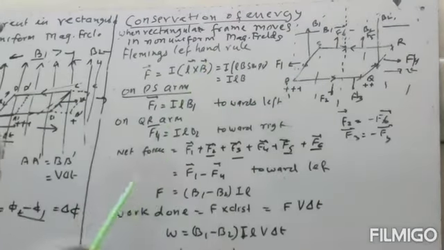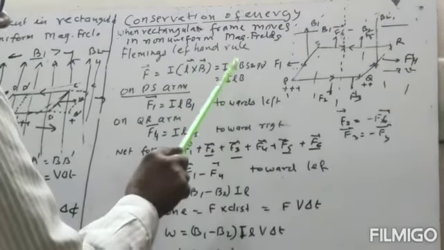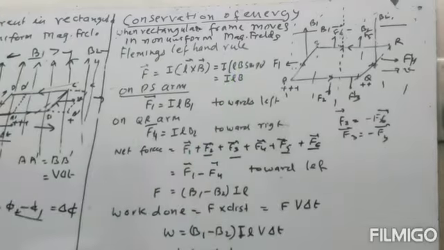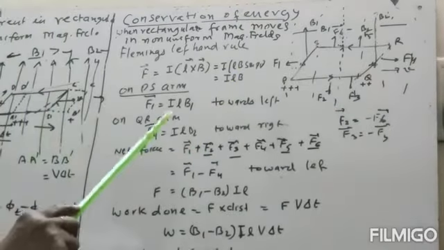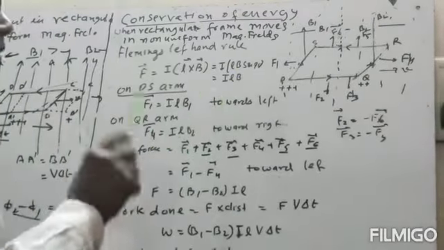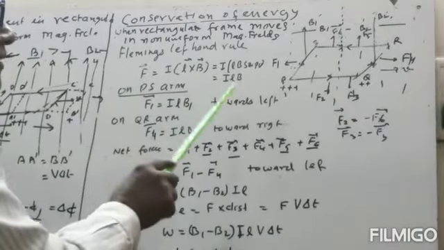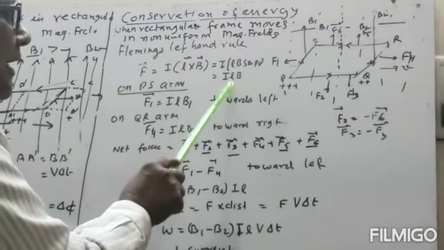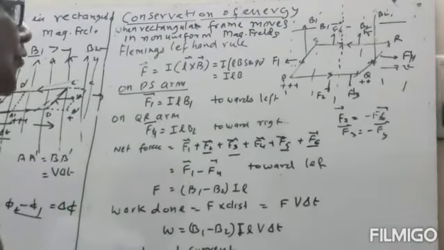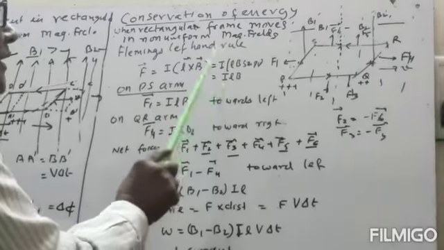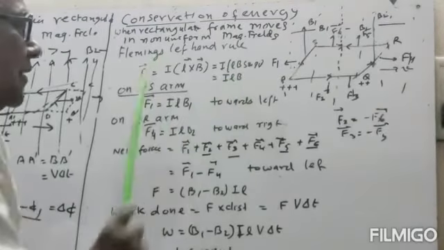So this force will be equal to I L B. So if the current I is flowing and B is the magnetic field perpendicular to the length L, then the force will be equal to I into L into B.